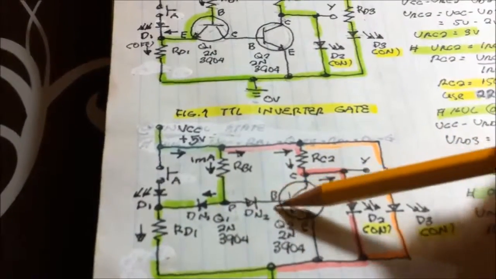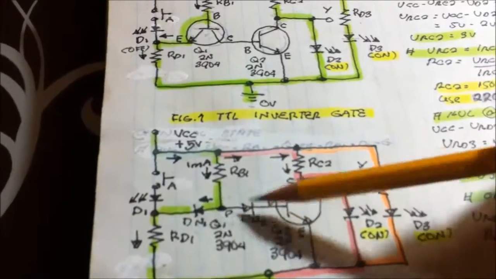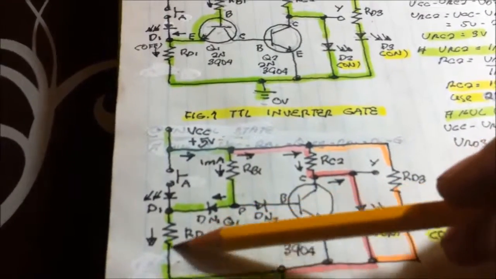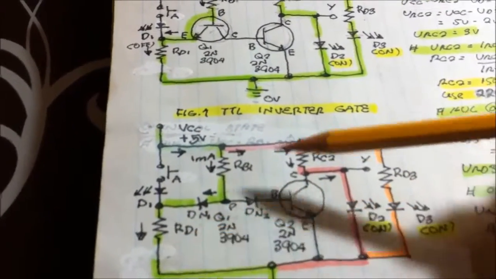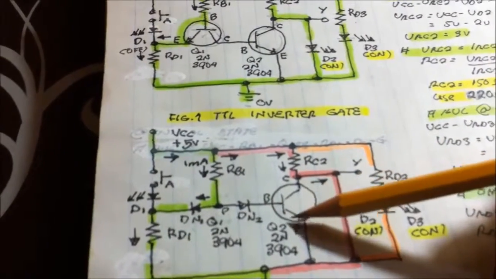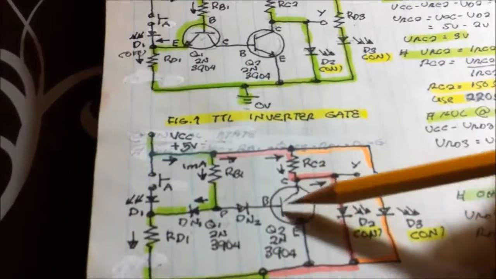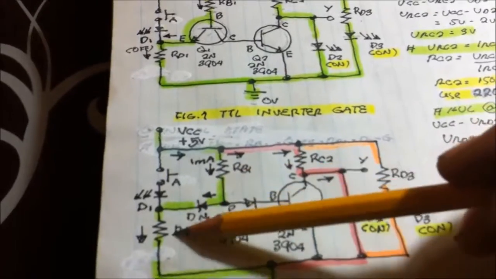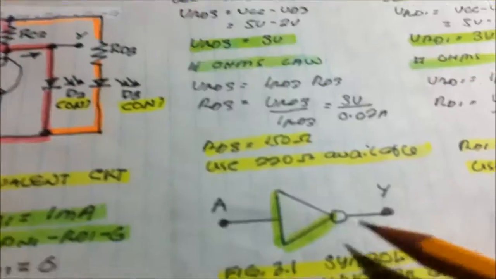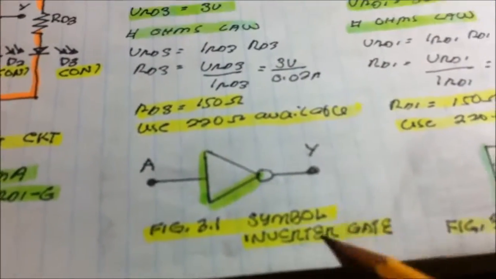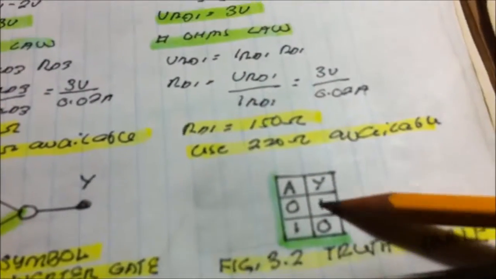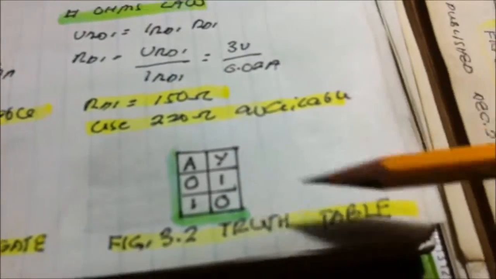Why it didn't flow here? Because it has a lesser resistance here than going to this way. So initially we have this, a symbol for inverter gate, and we have also a truth table.